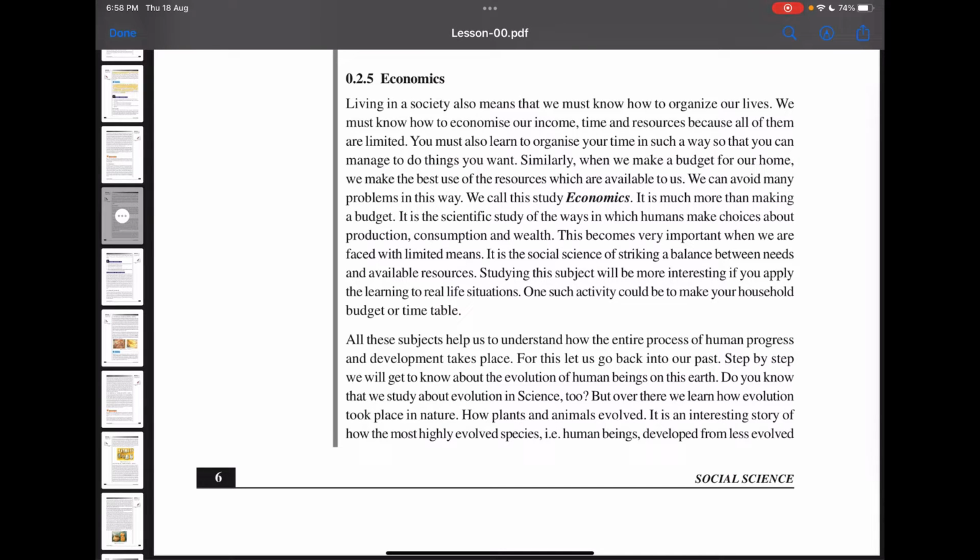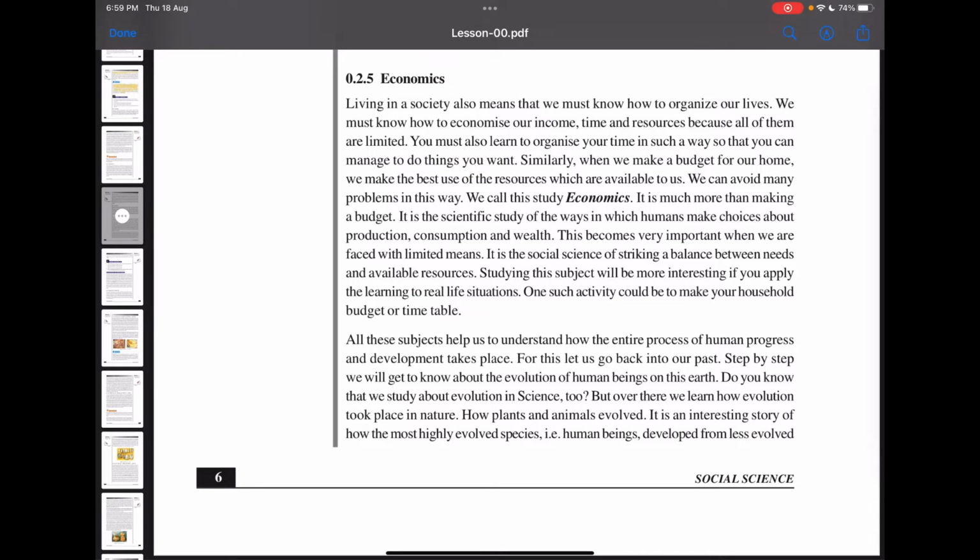It is much more than making a budget. It is the scientific study of the ways in which humans make choices about production, consumption and wealth. This becomes very important when we are faced with limited means. It is the social science of striking a balance between need and available resources.